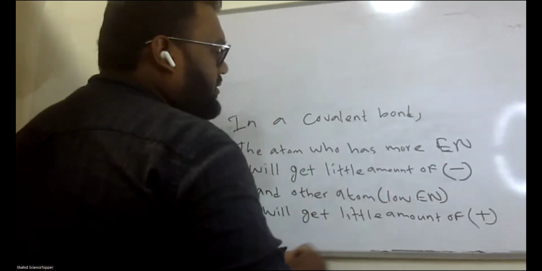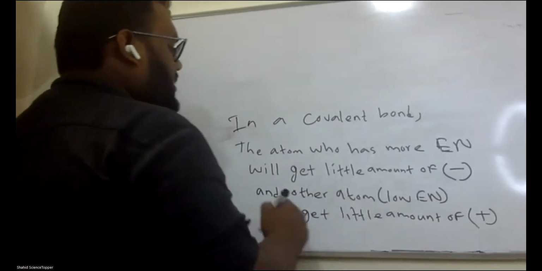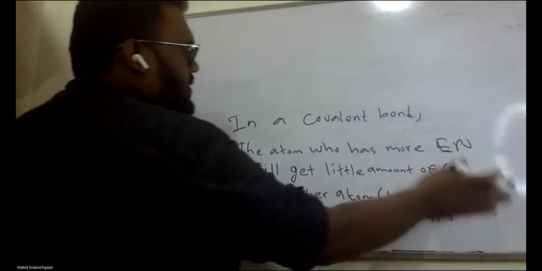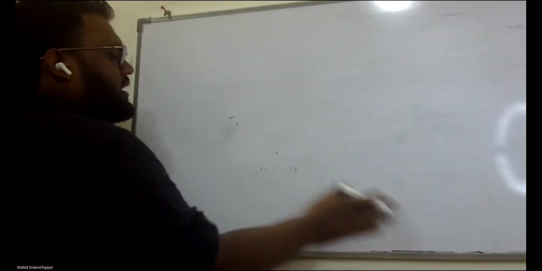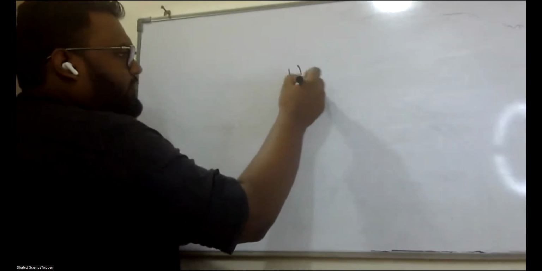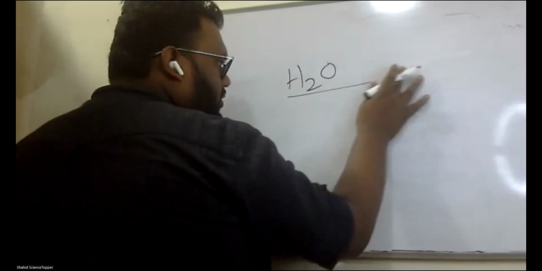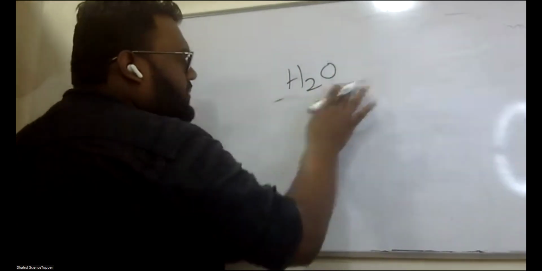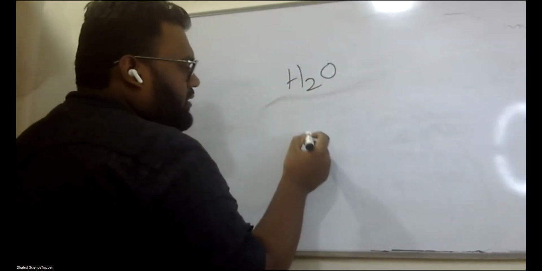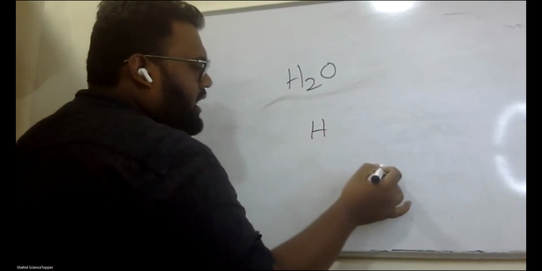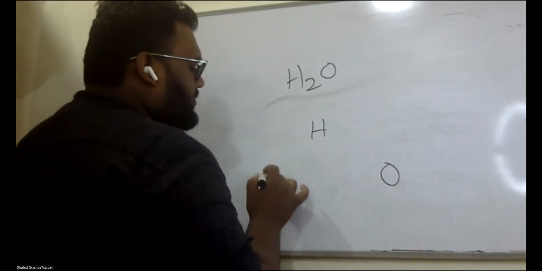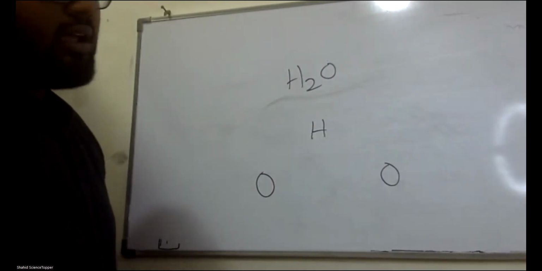After writing this, write this example. Let's say for water, H2O, it is having a covalent bond. We will study how to draw this. You don't have to know why we are writing it at this angle.